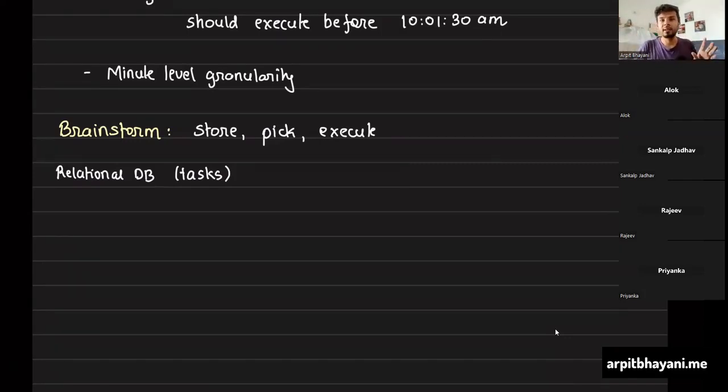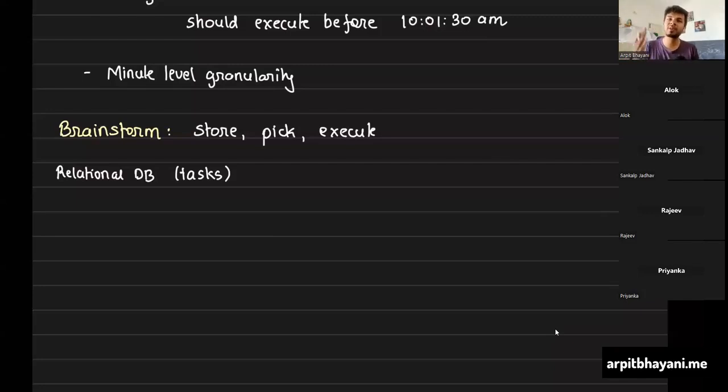Your executor, when it picks up the task, needs to execute it. That's all you have to do. But the interesting part is you have to ensure that no matter how many tasks are scheduled, you start executing all of them within the first 30 seconds of the scheduled execution time.